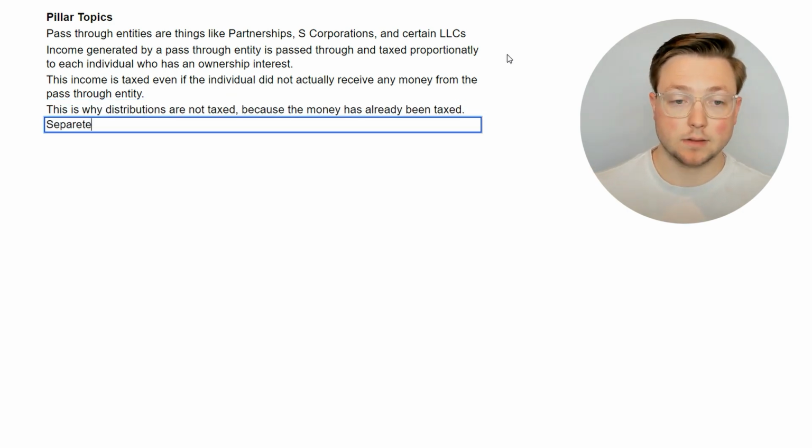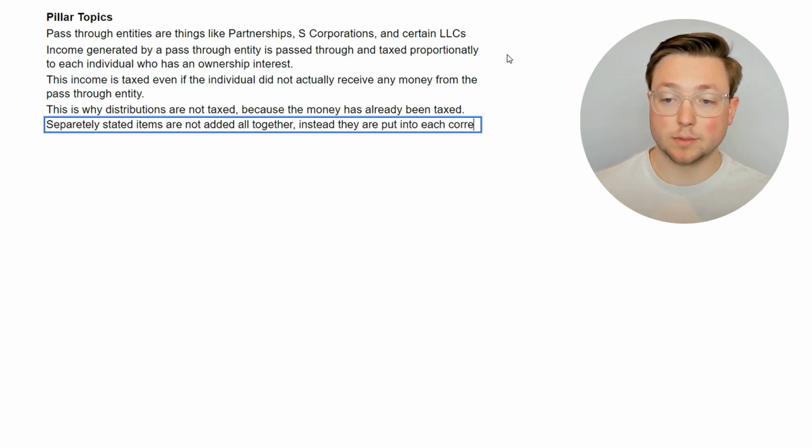And let's see, separately stated items are not added all together. Instead, they are put into each corresponding area of an individual's tax return.